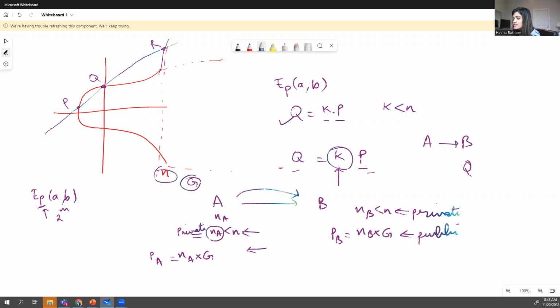Now the calculation of the secret key happens in such a way that user A receives this value, PB, because this is public.